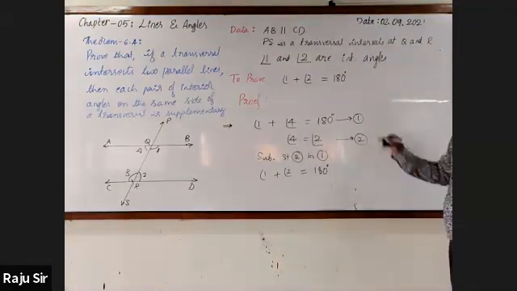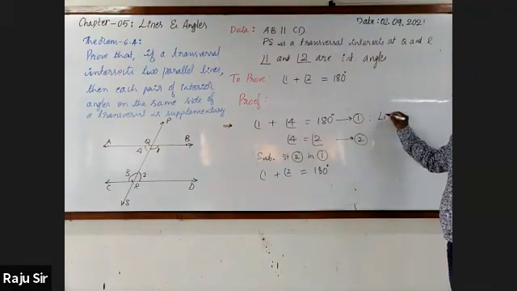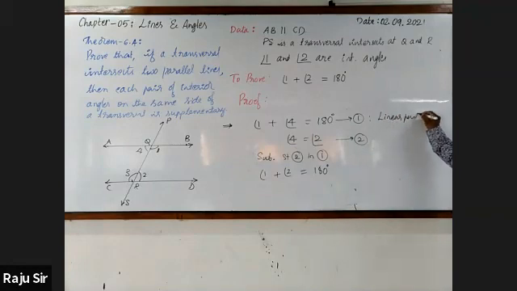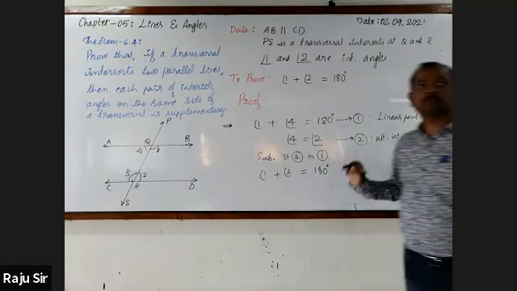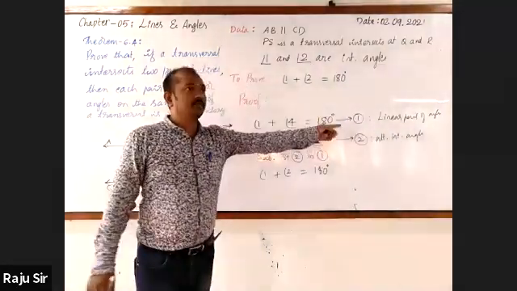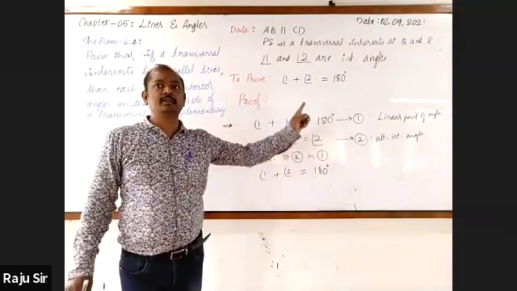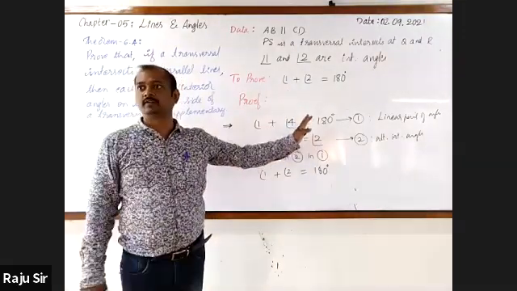The reason: since angle 4 is equal to angle 2, alternate interior angles. That's all. It's very good. Because in geometry, marks will be considered for reasoning also.